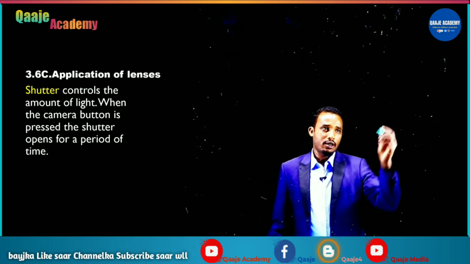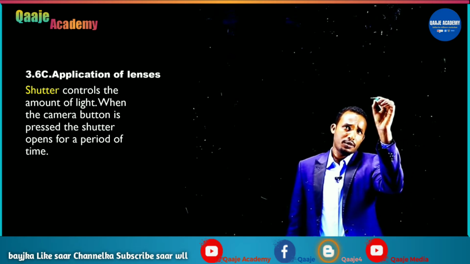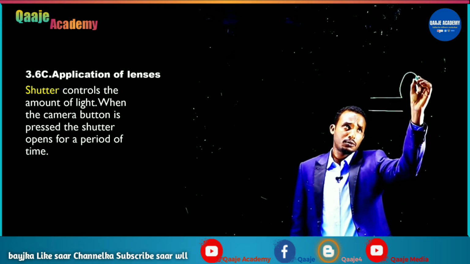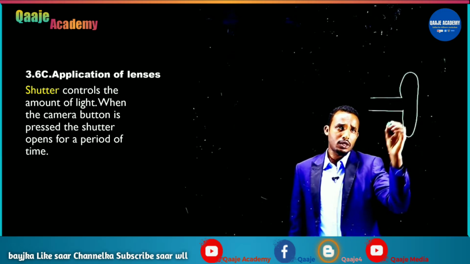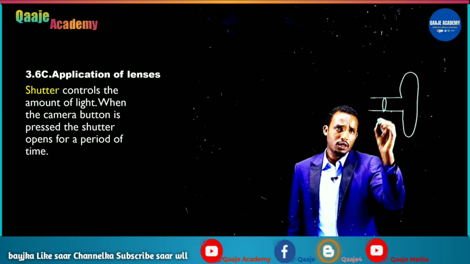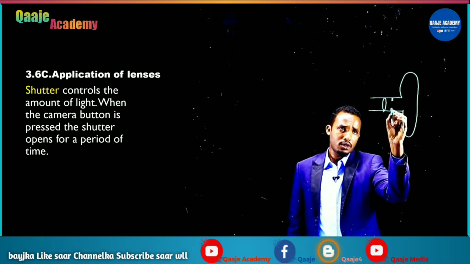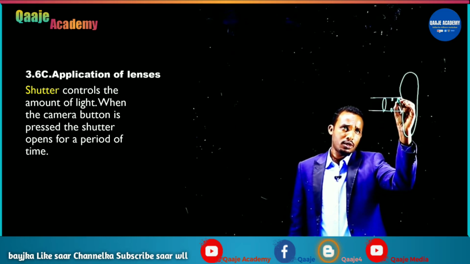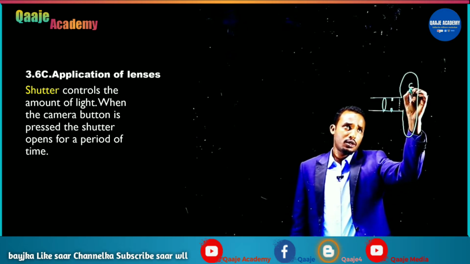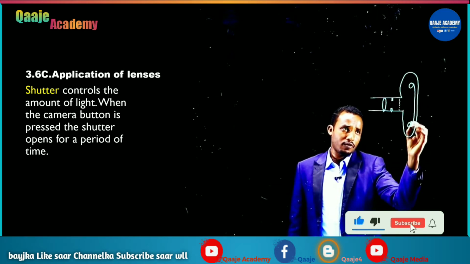Look, the shutter of the camera; we said the camera is a light-tight box. Okay, suppose this is the camera. Here is a lens. Here is the aperture. So the shutter comes here. Okay, this is the film in the back of the camera.